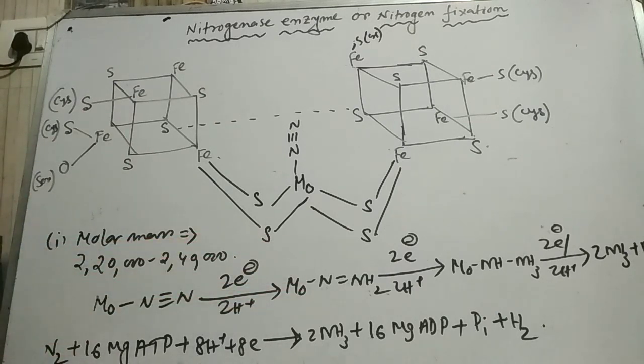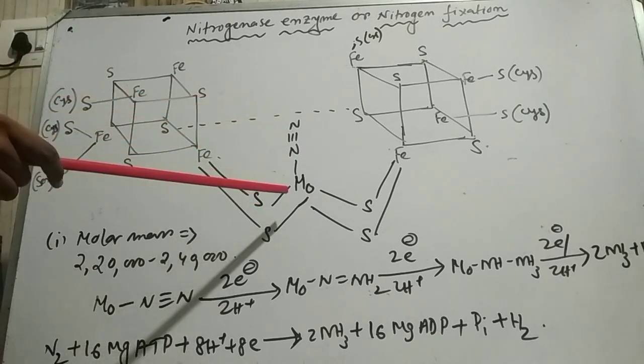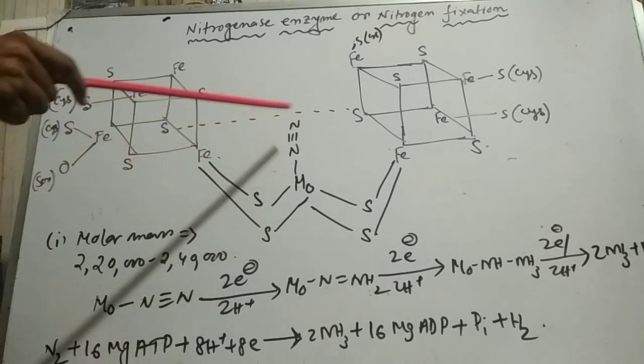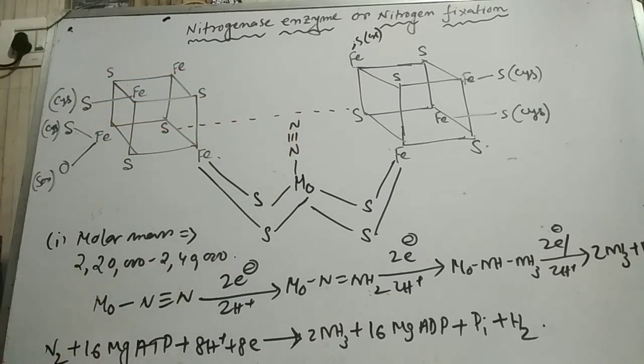Now what is the source of the electrons, and how are the electrons transferred from the Fe protein, that is the iron protein, to the molybdenum iron protein, and finally to the molybdenum site, because these electrons are responsible for the reduction of nitrogen?